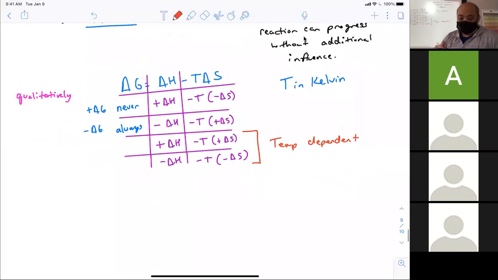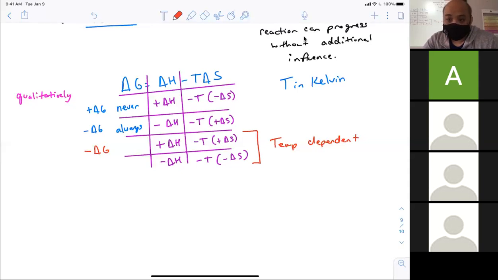So in the first scenario, where you have positive delta H and positive delta S, when would this scenario be negative delta G? Just generally speaking, not a specific number, what kind of temperature would you want to ensure a negative delta G?